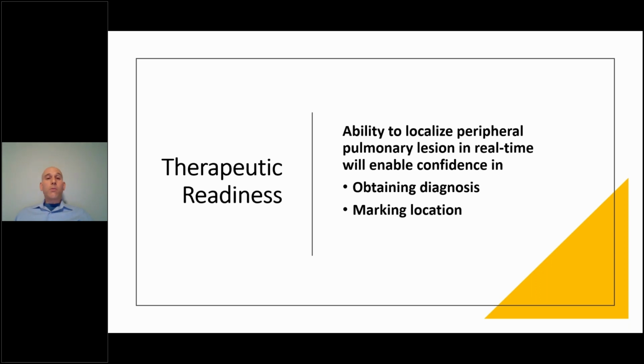It allows us to, like we were talking about, mark the location successfully to help facilitate a lung-sparing surgery or radiation therapy. And then it has the potential to help facilitate delivering ablative therapy in the future. So all really impactful things that can be accomplished with the bronchoscopic navigation system.